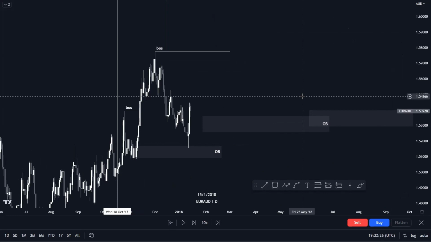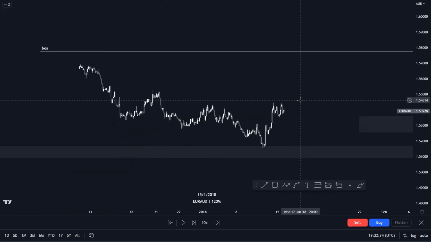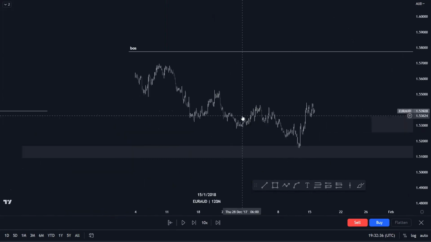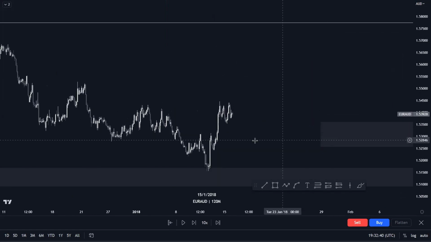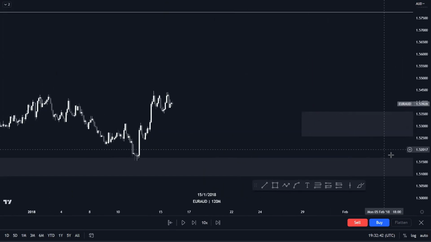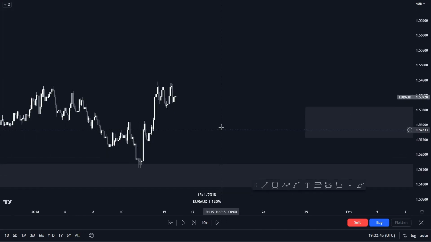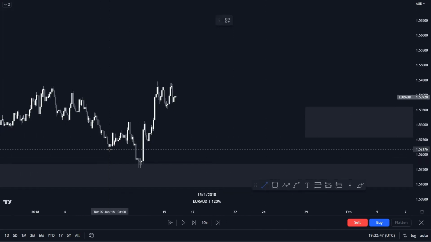So let's move to the lower time frame here, your 2-hour chart, and see what happens. I'm also going to cover a chapter on confirmation entries.